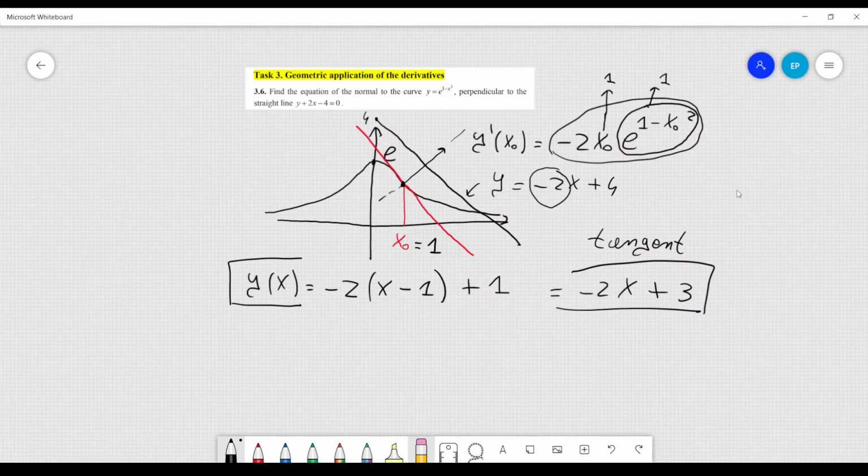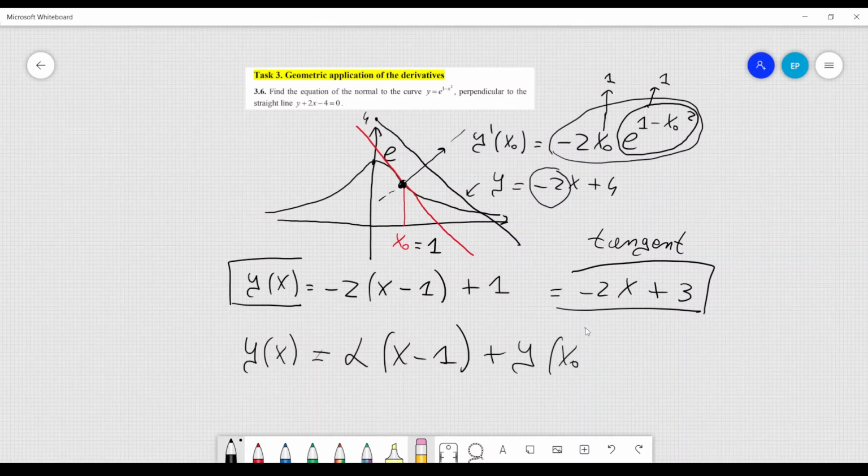Well, we need to find another line y of x which passes through the point x0 equal to 1. So we have some coefficient that I will call alpha times x minus 1, plus y of x0, and y of x0 at this point is simply equal to 1, because this ordinate here is equal to 1.